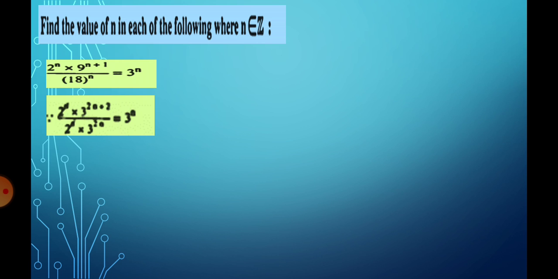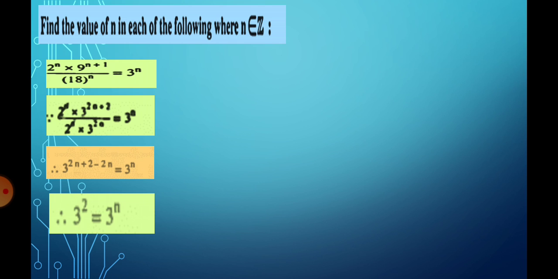Then we can write it in the form 2 to the power n times 3 to the power 2n plus 2 over 2 to the power n times 3 to the power 2n. We cancel 2 to the power n with 2 to the power n. Then the form equals 3 to the power 2n plus 2 minus 2n. Then the form equals 3 to the power 2. The left hand side is 3 to the power 2 and the right hand side is 3 to the power n. Then n equals 2.